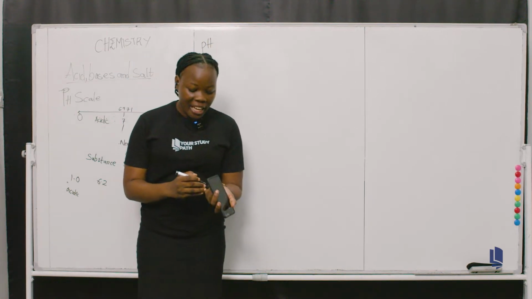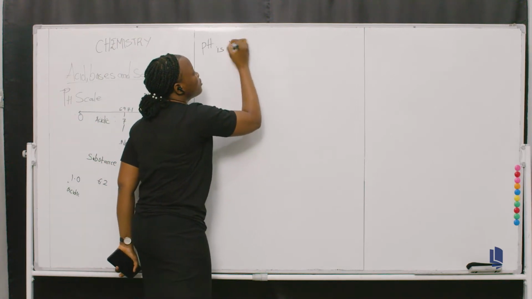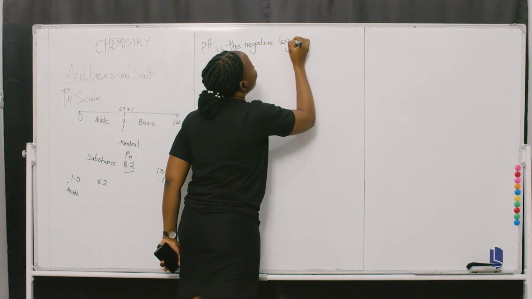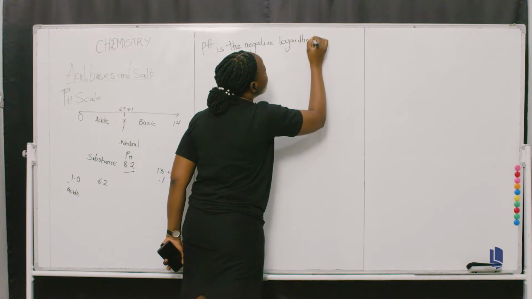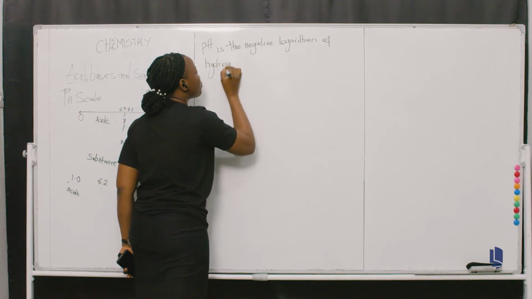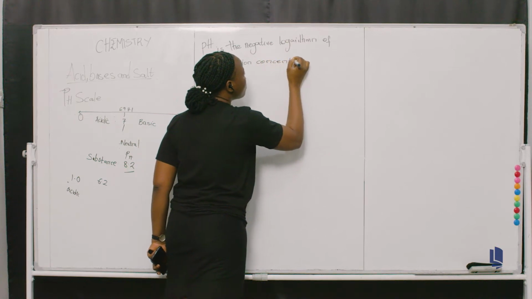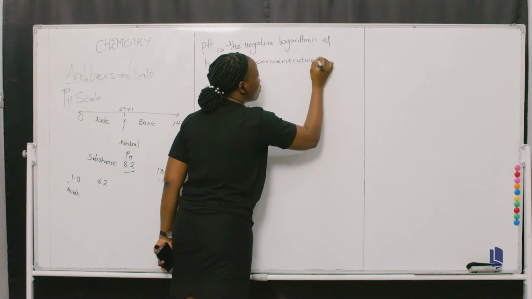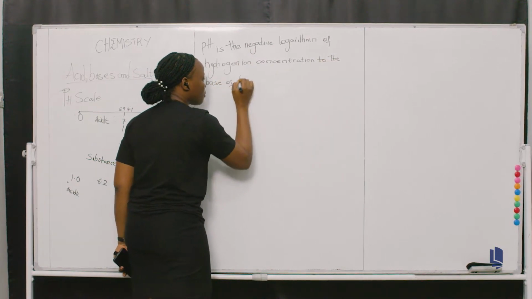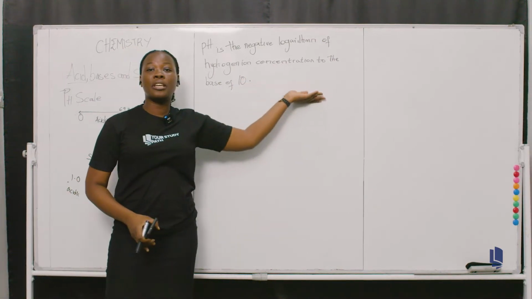What is pH? pH is the negative logarithm of hydrogen ion concentration to the base of 10.